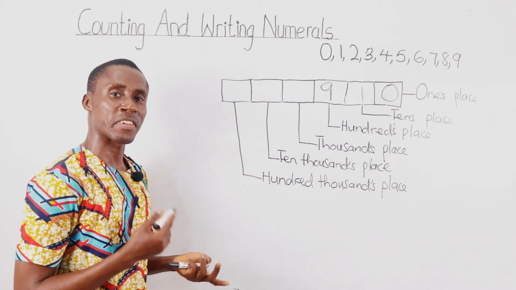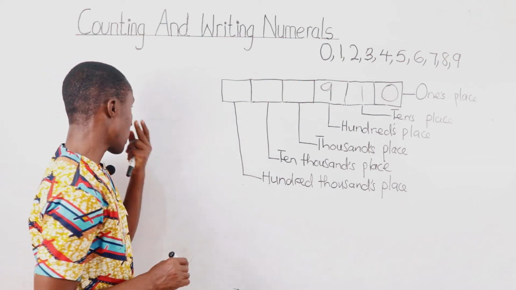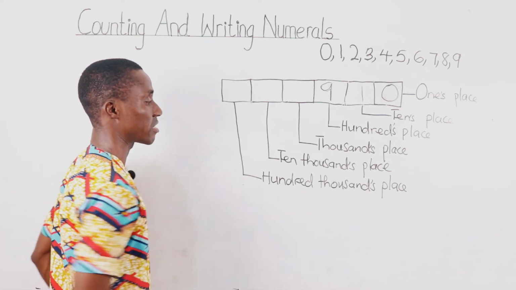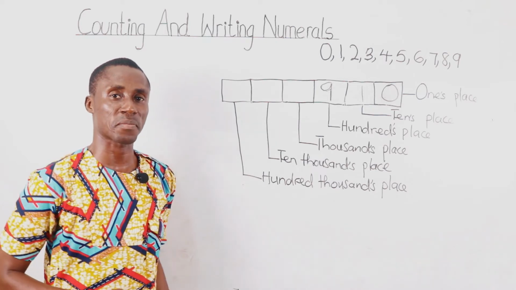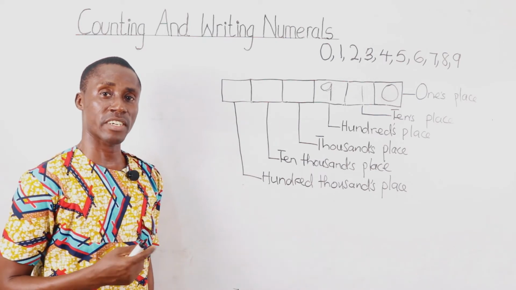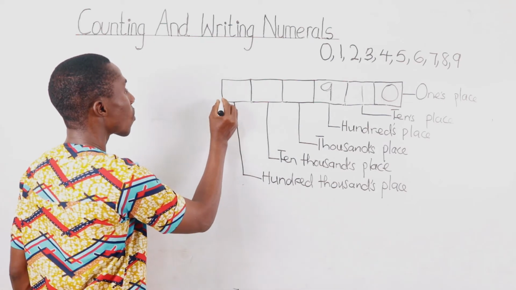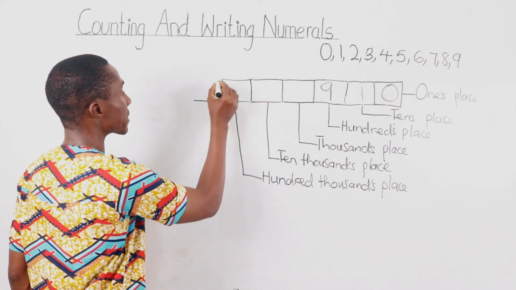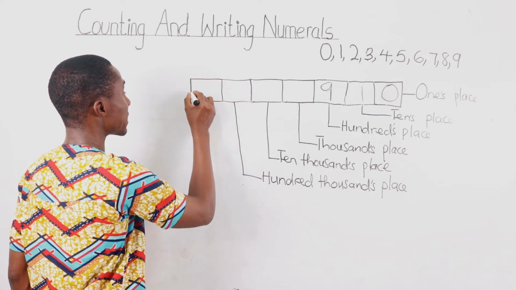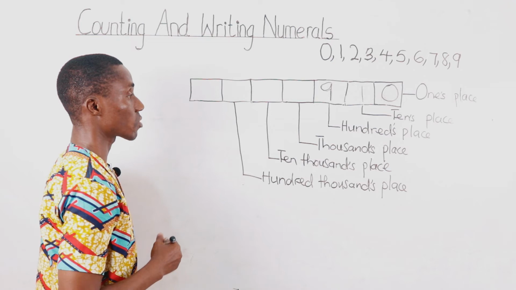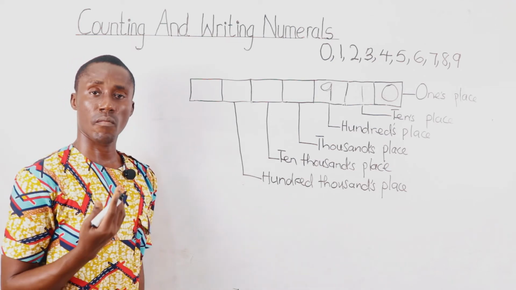So what is going to be the next number place? The next number place is going to be 100,000 times 10. And 100,000 times 10 will give us 1 million. And therefore the next number place will be used to count groups of what?